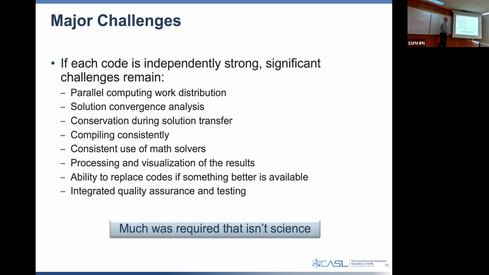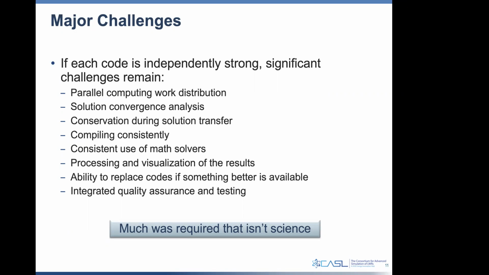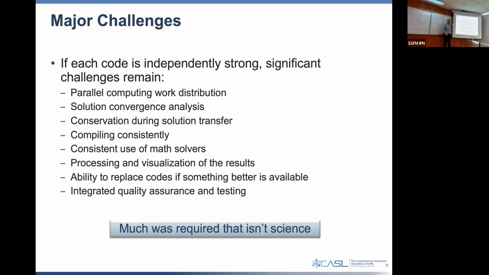So understanding that conservation of properties: what properties should we be communicating? Do they need to be conserved? If they do, are they? And if they don't need to be conserved, how do we make sure we got the right solution passed to the right place?